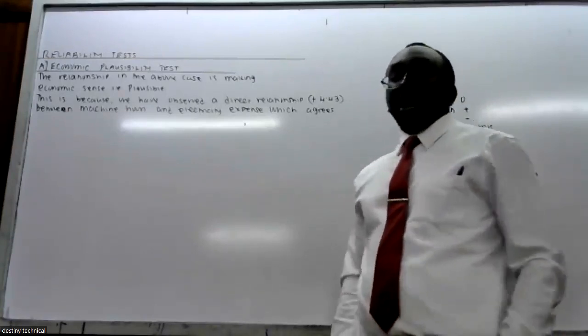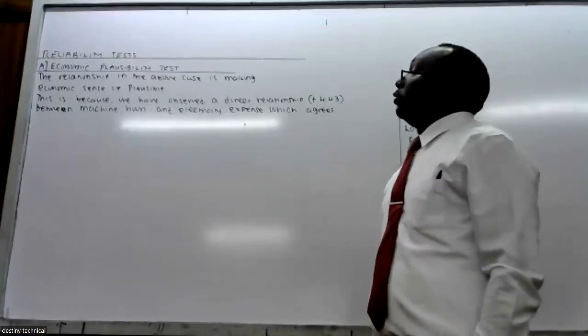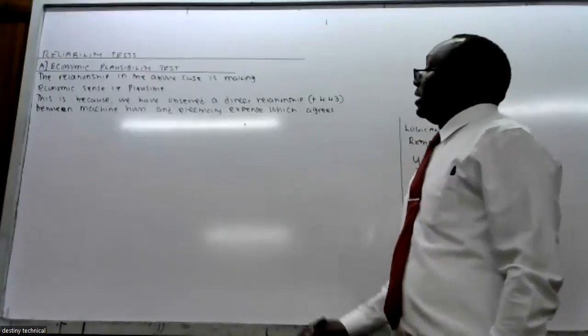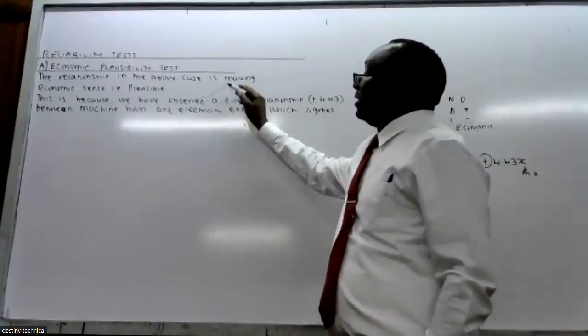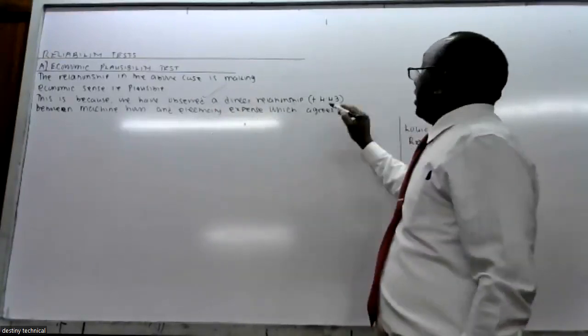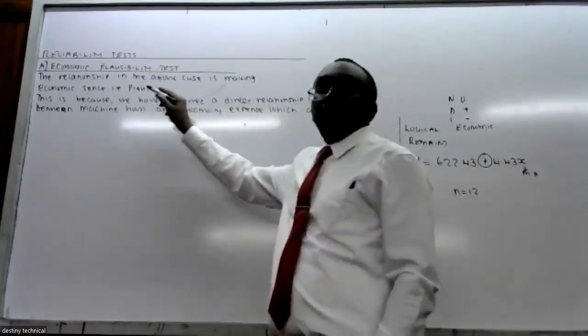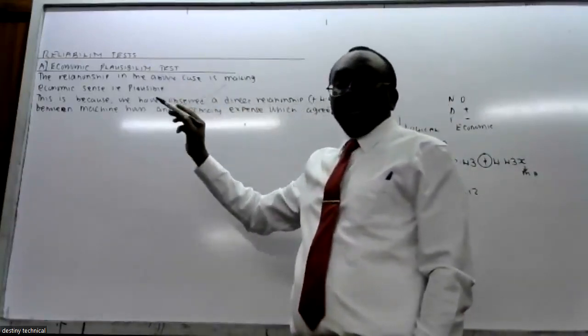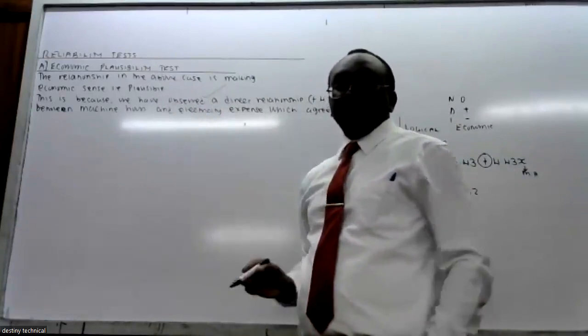So if you come across a question and they tell you to do an economic plausibility test, you simply check what you have observed, you compare with what you are expecting. If they are in agreement, then it is plausible, but if they disagree, then it is not making sense.